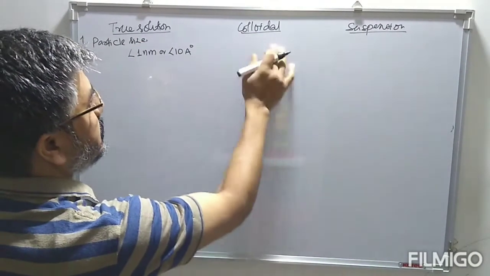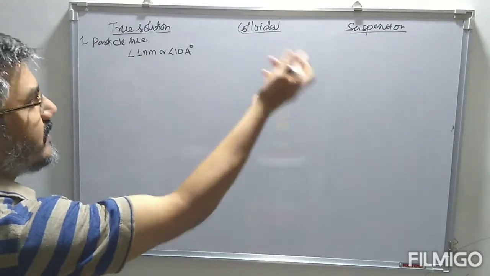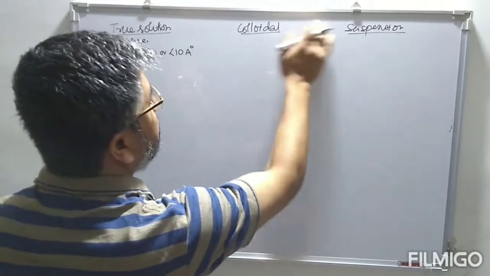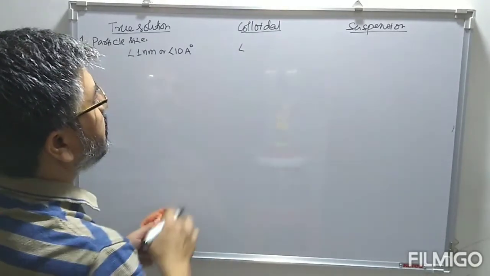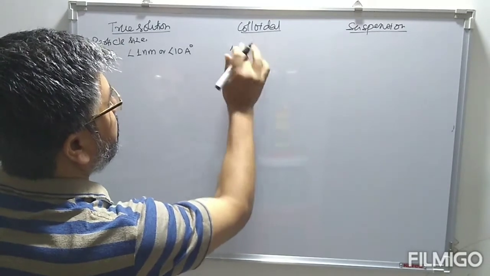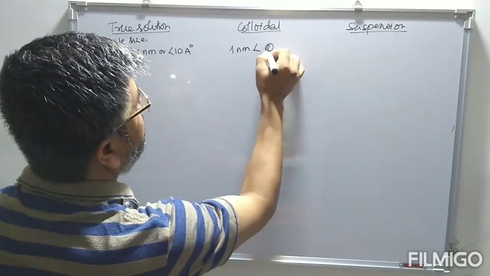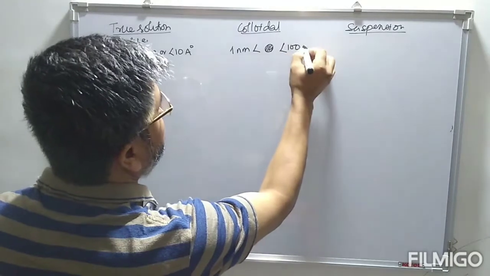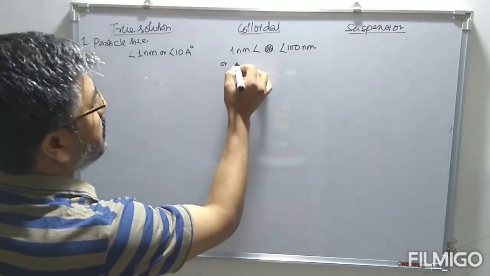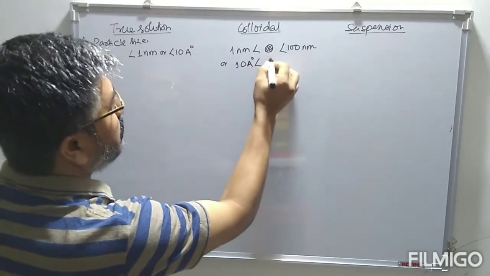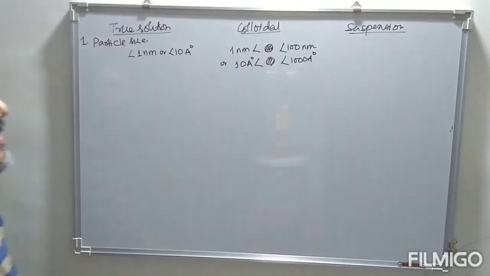For a colloidal solution, the particle size is greater than 1 nanometer but less than 100 nanometer, or we can say greater than 10 angstrom but less than 1000 angstrom.